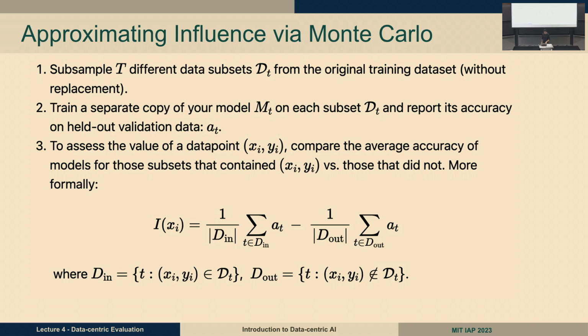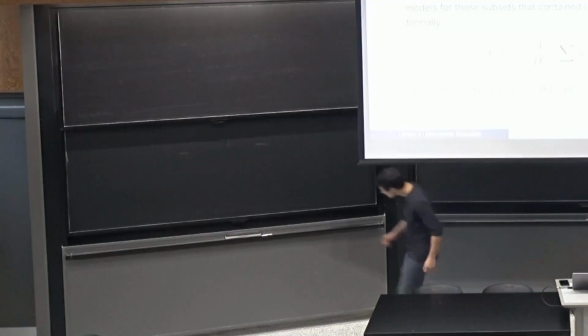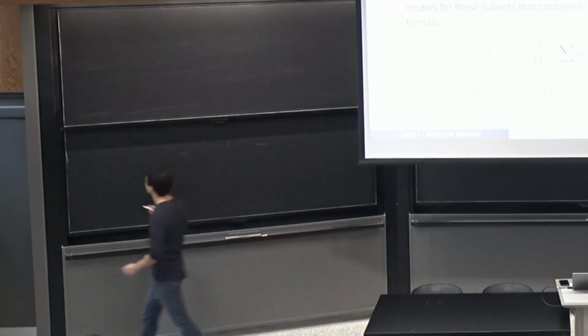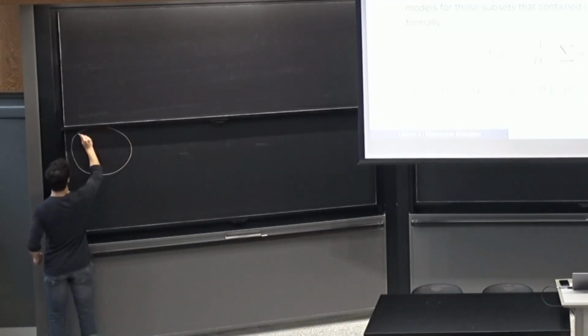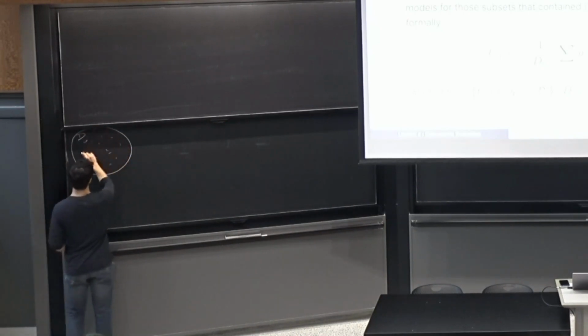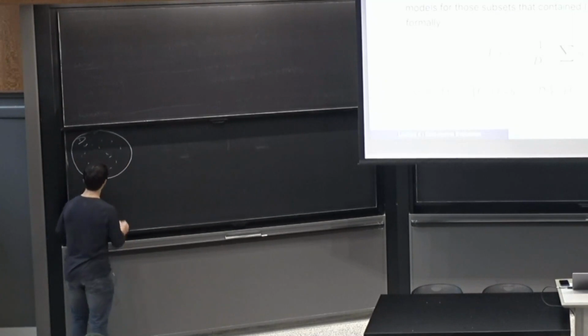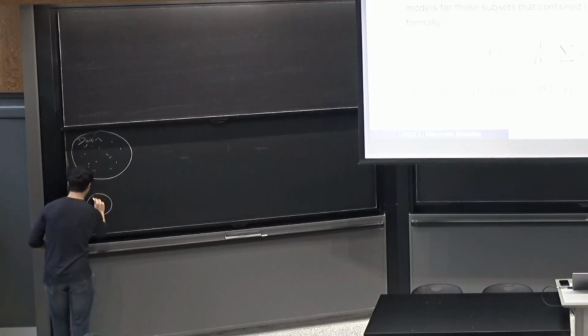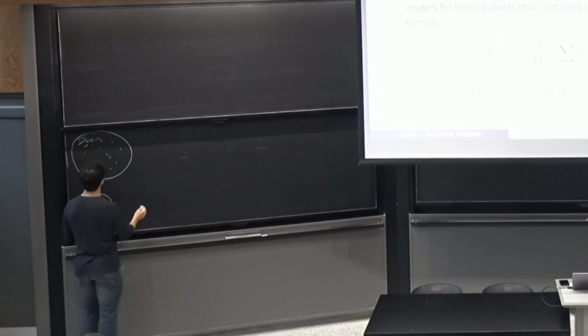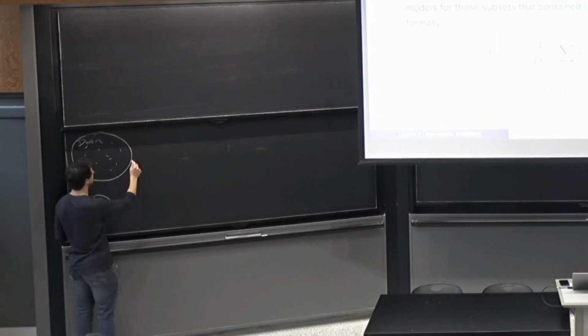And so here I'll just go to the board. So we can imagine we have a big data set here. And this is our full data set, training data set. And then we have a validation. This is our validation data. And so what we can do is we can just draw subsamples of this data set.